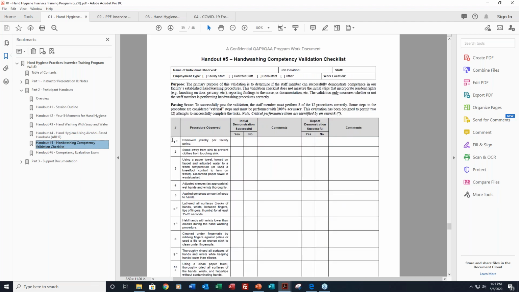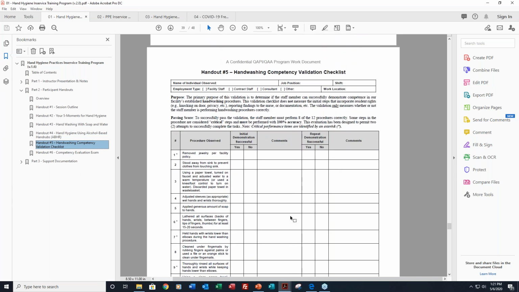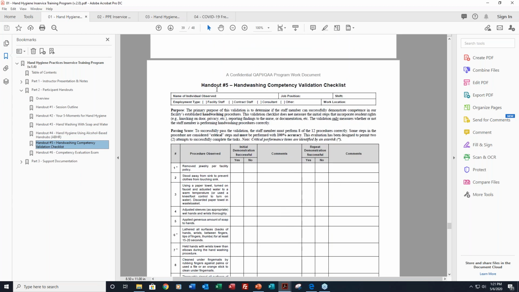It also has a couple of forms. It has the competency validation checklist. If you want to validate, and surveyors are looking for this, how did you validate their competency? So here's a hand washing competency validation checklist. Did they do these steps and did they do them correctly? But notice what we did with it.